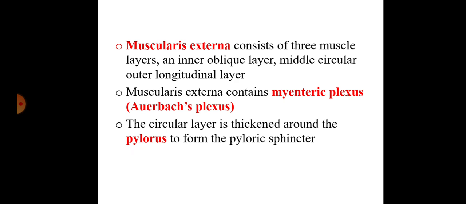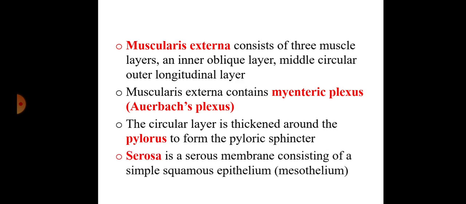The inner circular layer in the distal part of the stomach, known as the pylorus, becomes thick to form a sphincter, known as the pyloric sphincter. The outer covering of peritoneum in the stomach is simple squamous epithelium, the serosa layer.